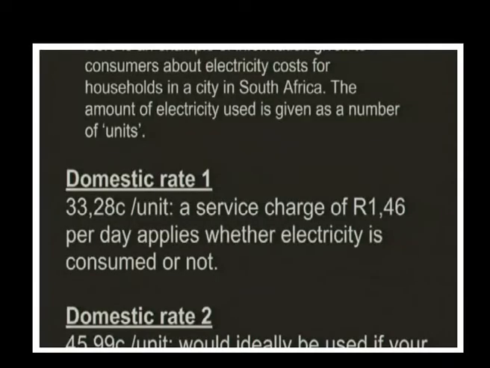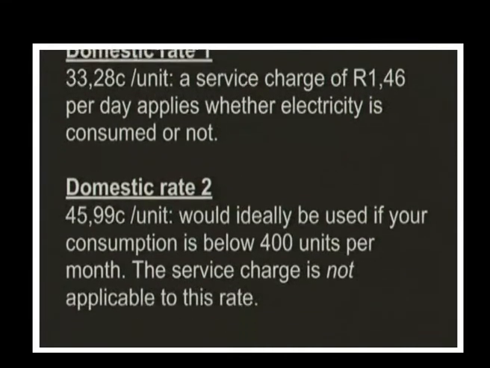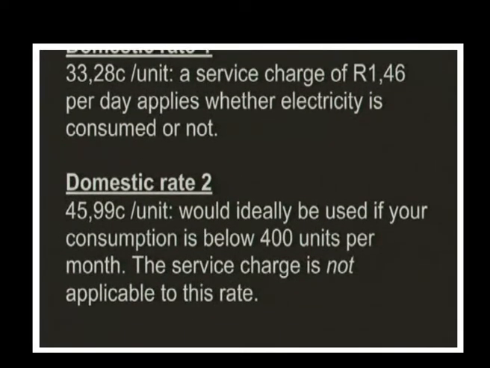So here is an example of information given to consumers about electricity costs for households in a city in South Africa. The amount of electricity used is given as a number of units. Right? Here are the two rates. Domestic rate 1, 33.28 cents per unit.